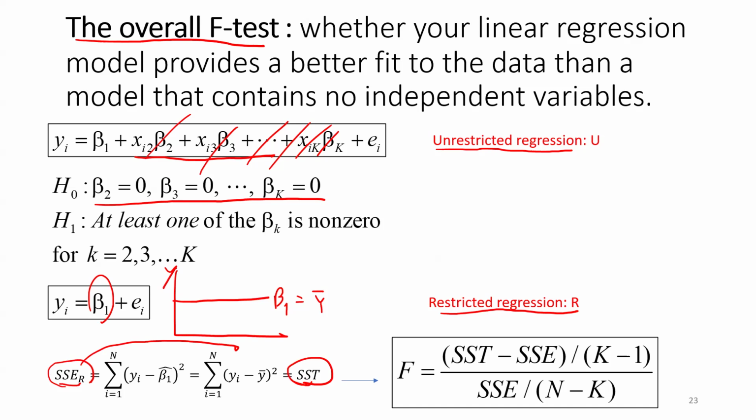To sum up, the overall F test formula will become F equals (SST minus SSE) over J, divided by SSE over (N minus K). J is K minus 1 because we leave the intercept in the equation. That's why we have to minus 1.